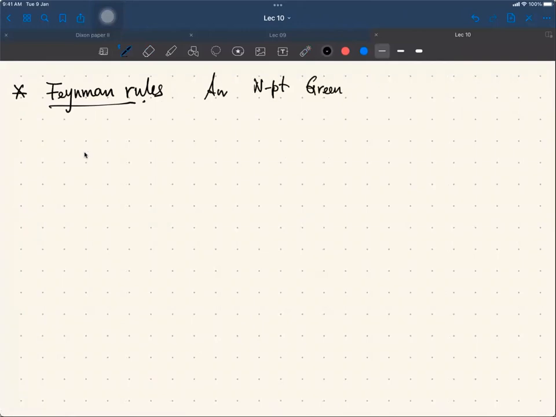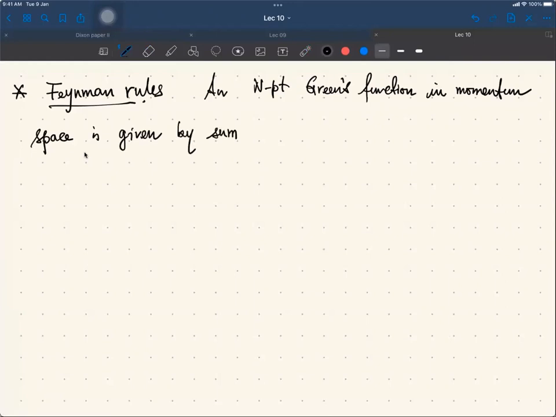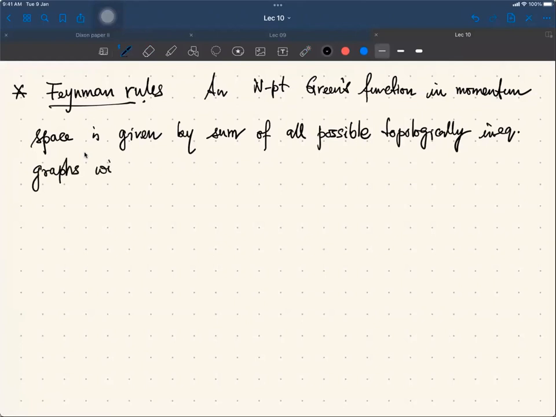An n-point Green's function in momentum space is given by the sum of all possible topologically inequivalent graphs with n external legs labeled by P1 to Pn.